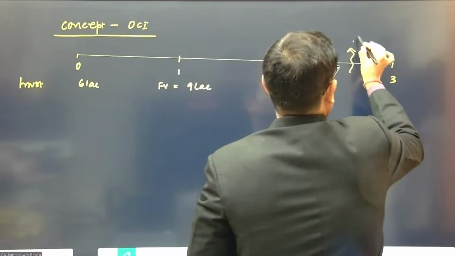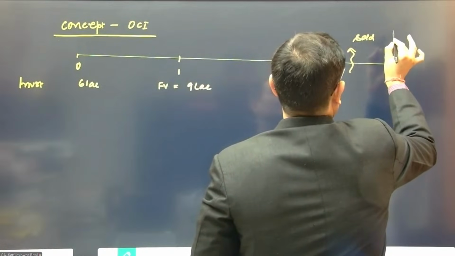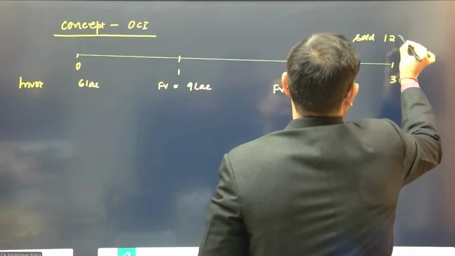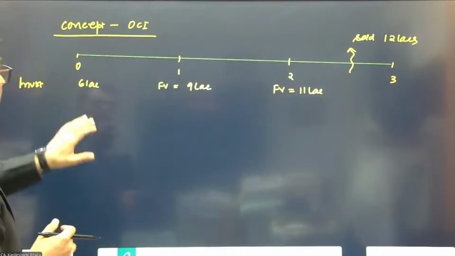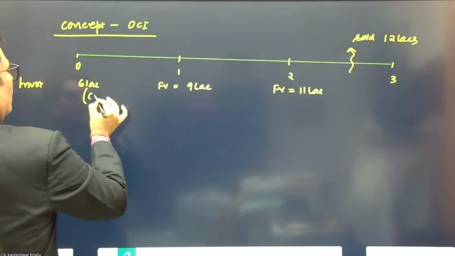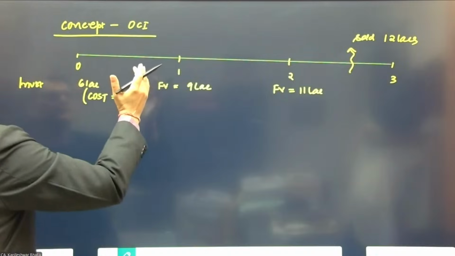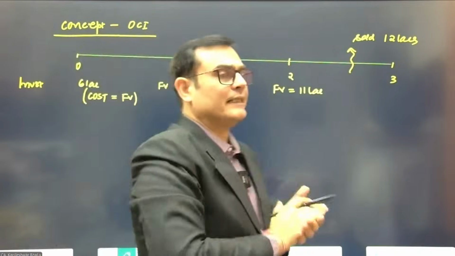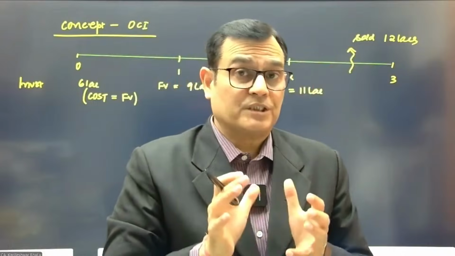Before the third year, let's say this investment is sold for 12 lakh. So I'm taking a very simple example: this is the value at which the investment was bought, the cost and also the fair value. And this is the fair value at the end of the first year, the second year, and then before the third year, it is sold. Now, watch this carefully.